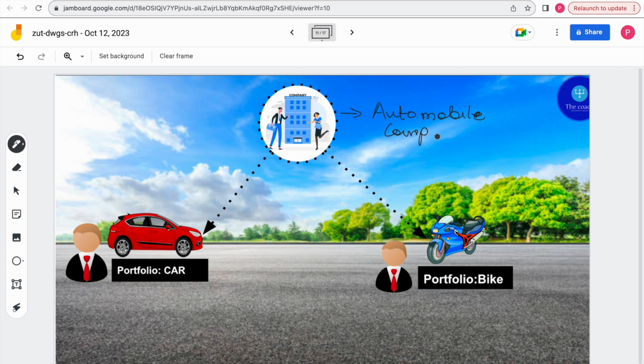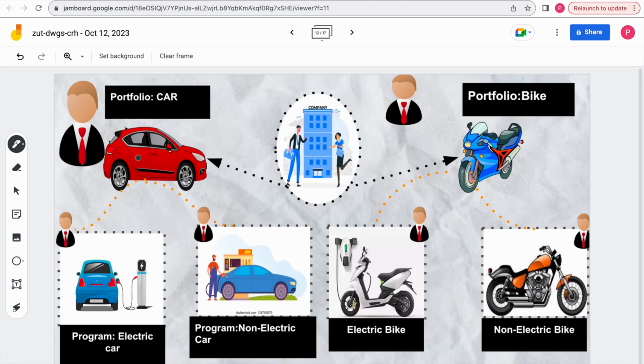This company has two portfolios: one portfolio is car and one portfolio is bike. These portfolios can be managed by one portfolio manager or two portfolio managers, either way. So these are two portfolios.